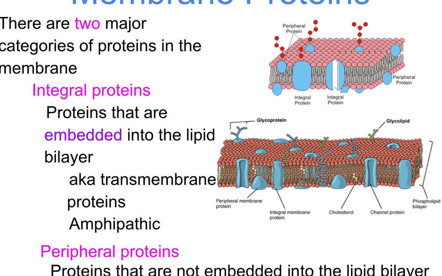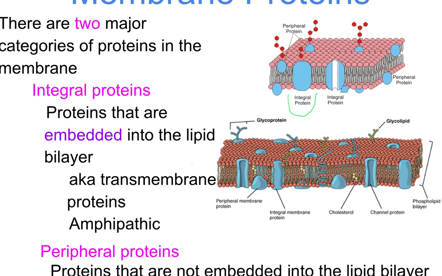Buried inside of the plasma membrane are two different types of proteins. Well, there's two major types of proteins. There are integral proteins and then peripheral proteins. When they're integrated, those proteins are embedded into the lipid bilayer, which we can see right here. This is an integral protein.